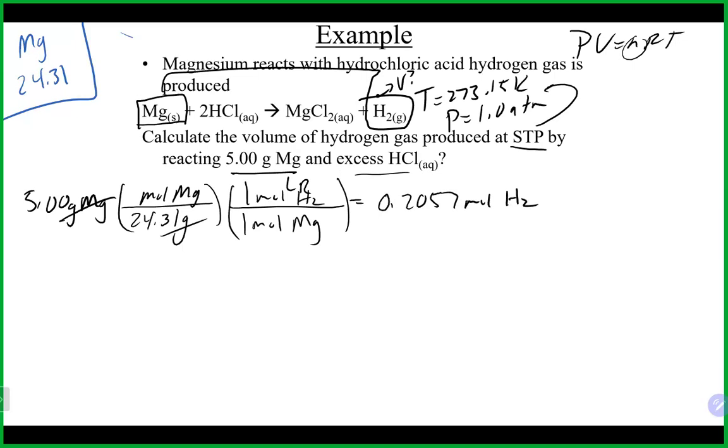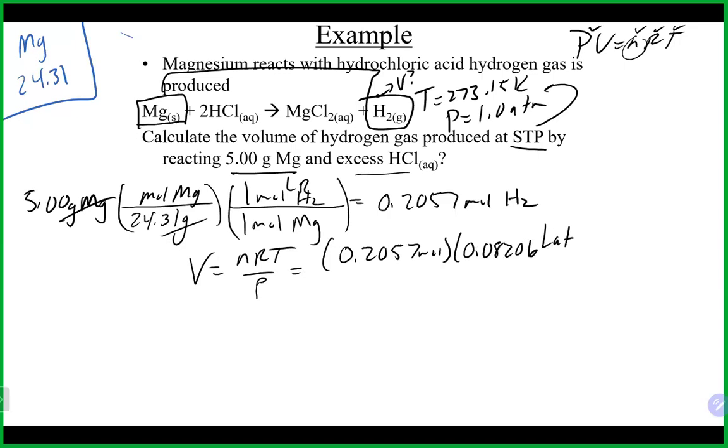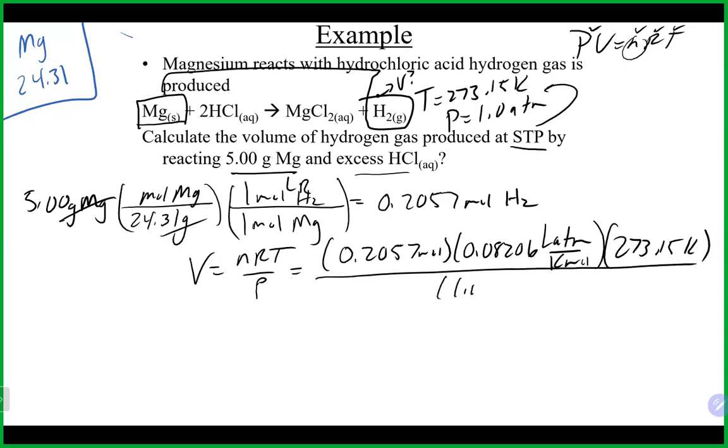At this point, we now have what we need to go into the ideal gas law. We have our moles, R, T, and P in this case. And that's going to allow us to use, once again here, our V is equal to nRT divided by P. Taking our moles, 0.2057, our gas constant, our temperature of 273.15, all divided by our pressure here of 1 atmosphere.